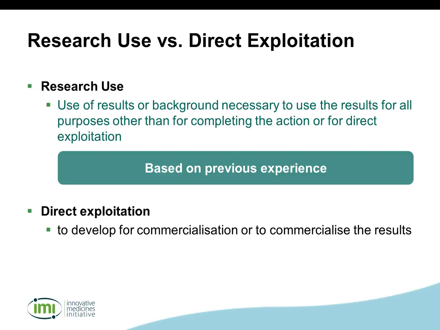And you are obliged to grant access as far as this is for research use. This is clearly stated in the IMI2 policy. Well, you are not obliged to give access if another participant is requesting access to your background or to your result because they want to commercialize this result. In that case, direct exploitation is not covered by the IMI2 policy.